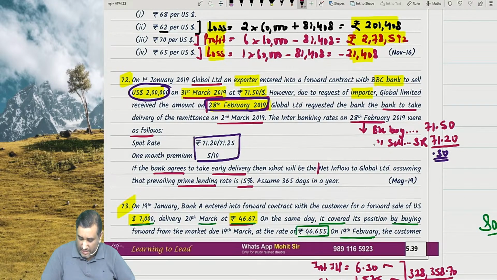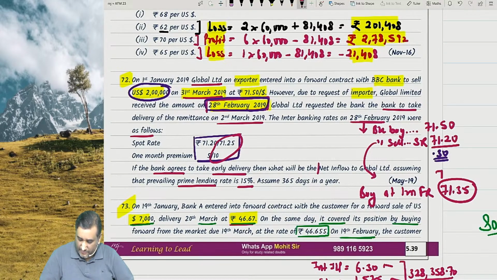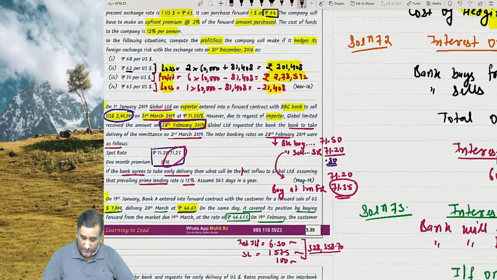Will sell at spot rate, buy at 1 month forward. Buying at 1 month forward would be 71 point, selling at 71 point. How much loss? 0.15.